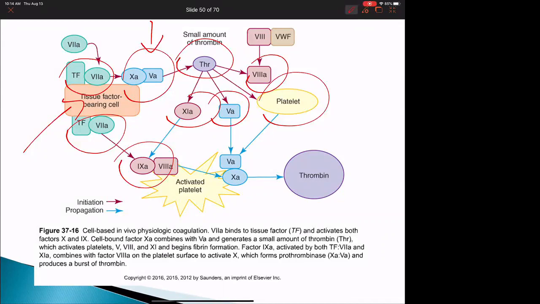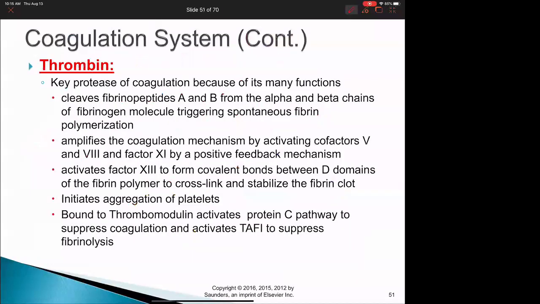It has different phases such as amplification, initiation, and propagation. Okay, it involves the promotion of thrombin, and essentially both the cell-based model and the plasma-based model have one goal in place, which is to form a fibrin clot. Okay, so I do want you to keep that in mind.